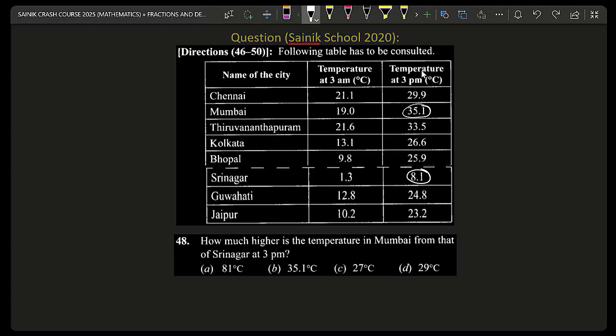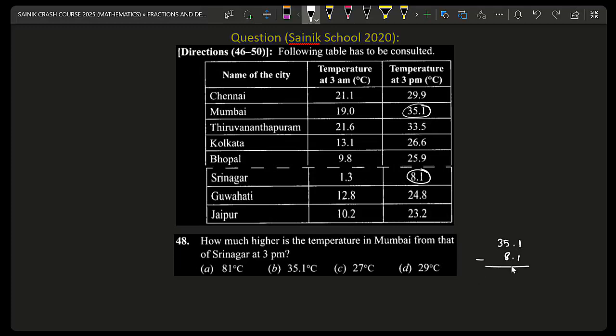Now you want how much more, so what should we do? Sir, subtraction. So 35.1 minus 8.1. Is it correct? No, sir. Why wrong? We should write the decimal points below each other. So this is 8.1.